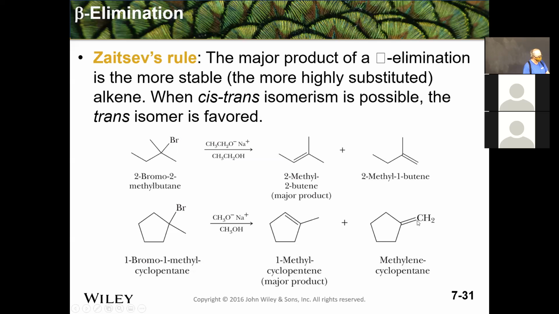And then the other one would be this external double bond. By Zaitsev's rule, this is the major product. Like the one above it, this has 3 carbons and 1 hydrogen connected to the double bond, whereas this has 2 carbons and 2 hydrogens. So you're going to get both of these products, but you'll get more of this one.